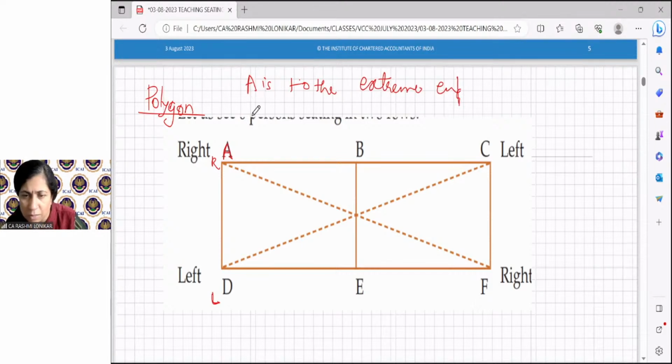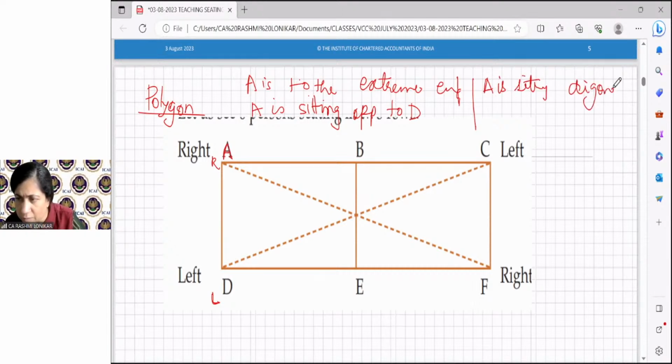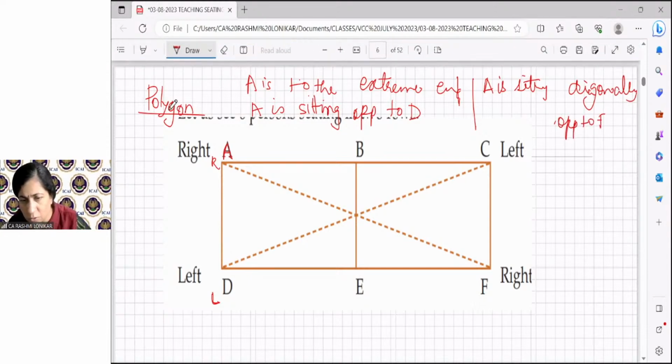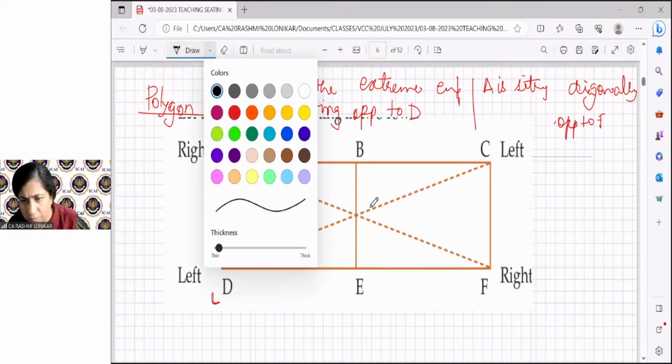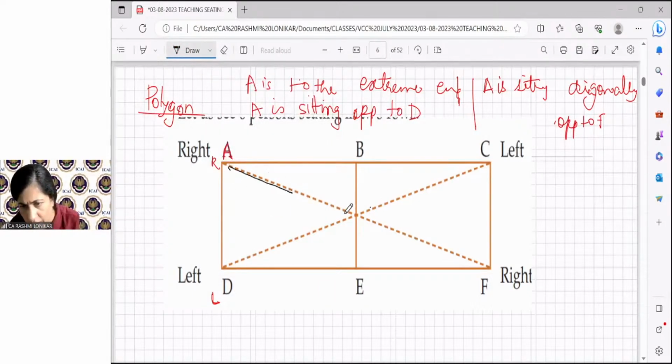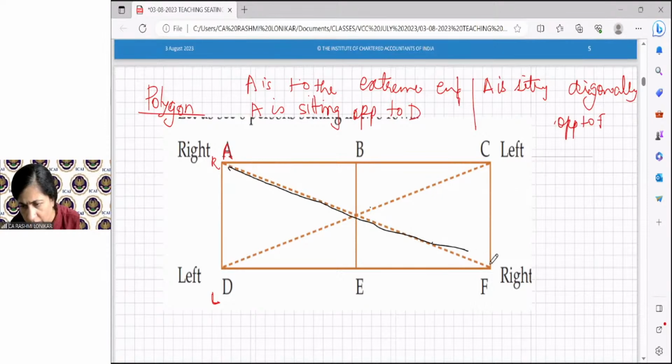You may have A is sitting opposite to D. You may even have A is sitting diagonally opposite to F. This you know is the diagonal. Diagonally opposite. So A's diagonally opposite is F.